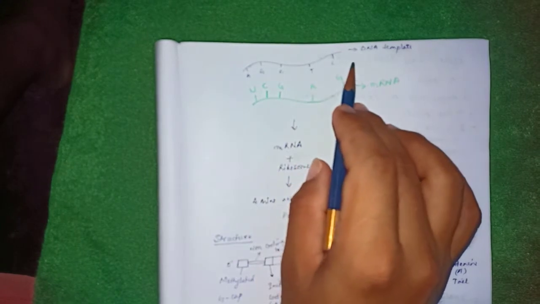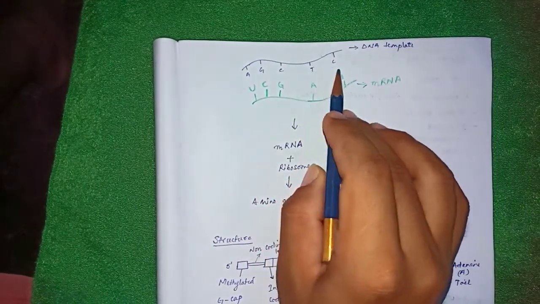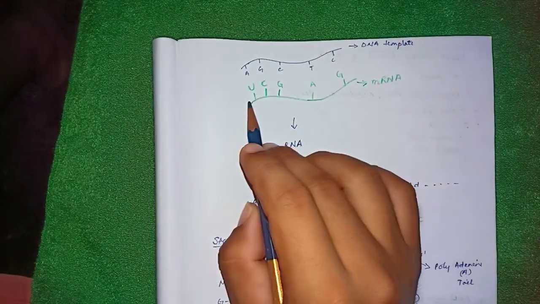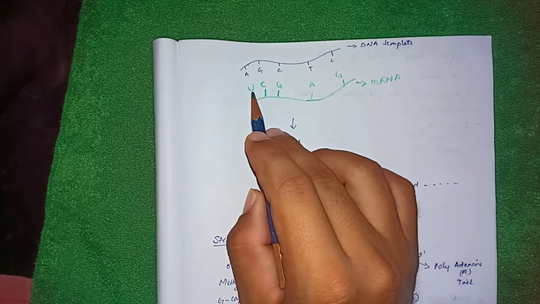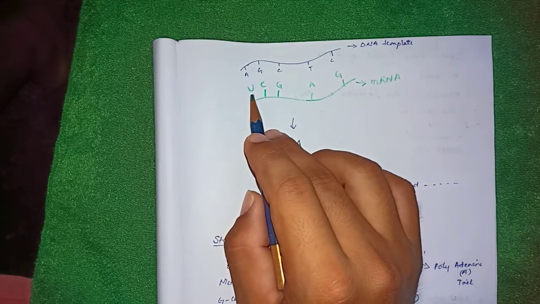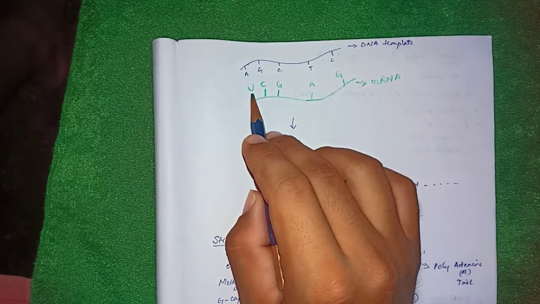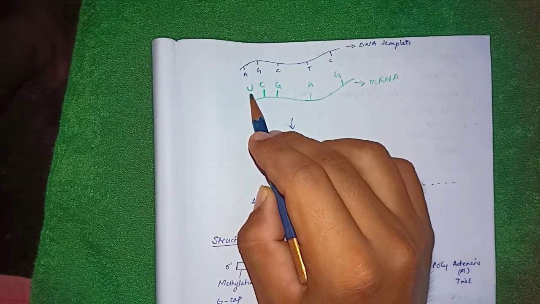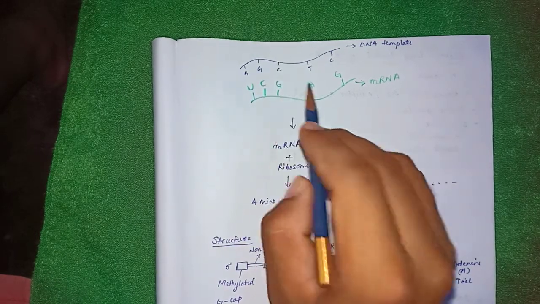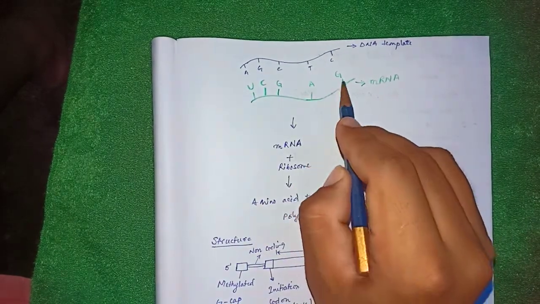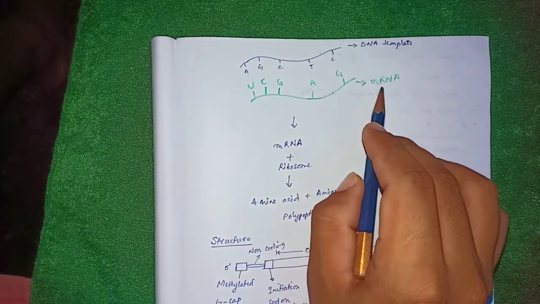If the DNA template has nitrogenous bases A, G, C, T, C, then in mRNA it will be U with A instead of T. We know that A always pairs with thymine, but in case of RNA, thymine is replaced by uracil. So in this case, U with A, G, C with G, G with C, A with T, and G with C. So this will be the complementary strand of the mRNA.